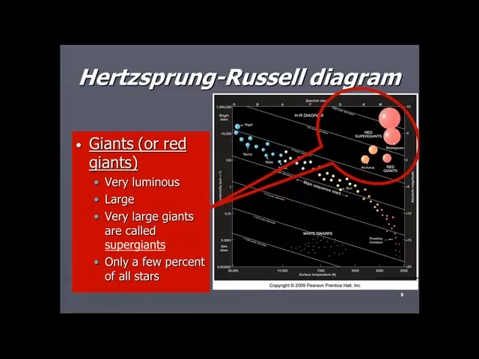If they're really, really large, then they're called supergiants. Because they're cool, they're called red giants. They have the red color because they're on the right-hand side of the graph. And because they're big, that's why they're called giants.